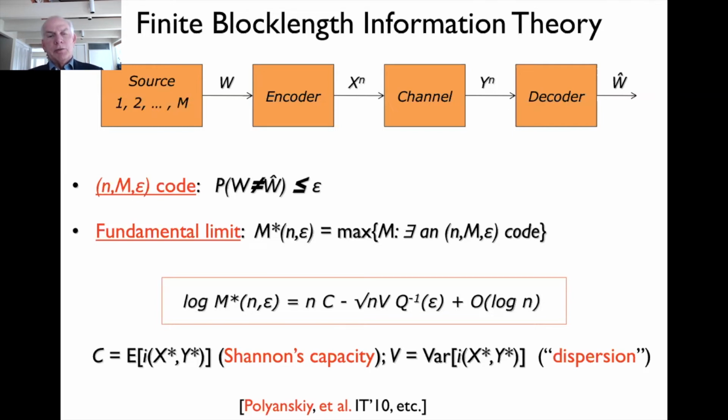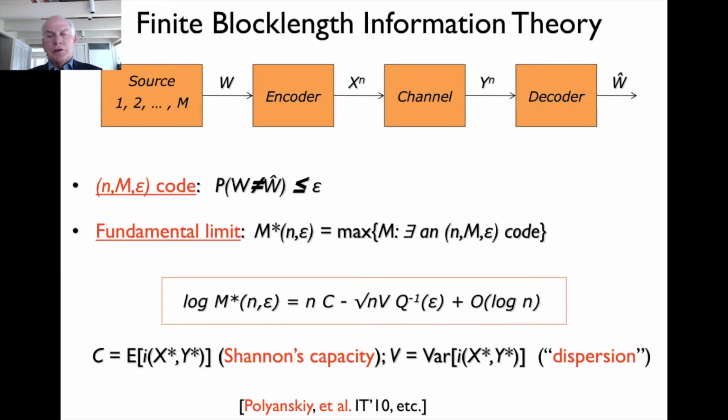So the first term, of course, is n times Shannon capacity, because we know if we divide by n and let n go to infinity, we get Shannon's capacity C. The next term is negative root n times another term V, called the dispersion, times Q inverse of epsilon, where Q is just the tail of the unit Gaussian distribution, and Q inverse is its inverse function. So you see, now we have an expression that depends on n and epsilon, and it has Shannon's capacity, which is well known, plus this new term, the dispersion.